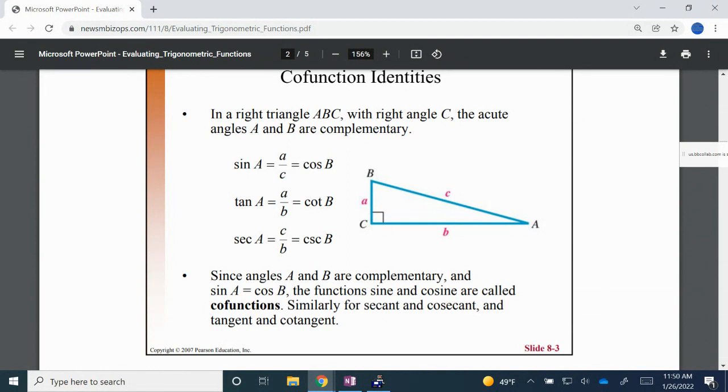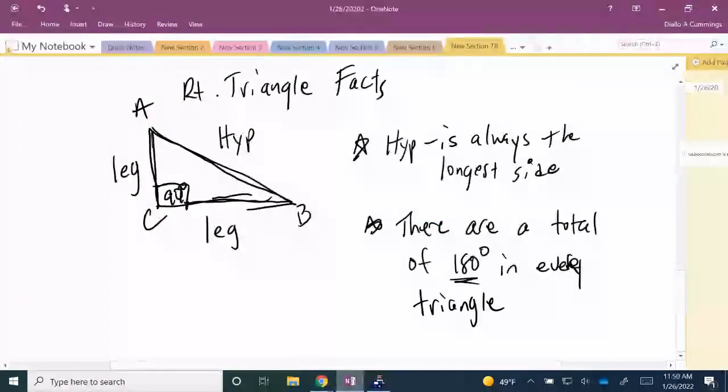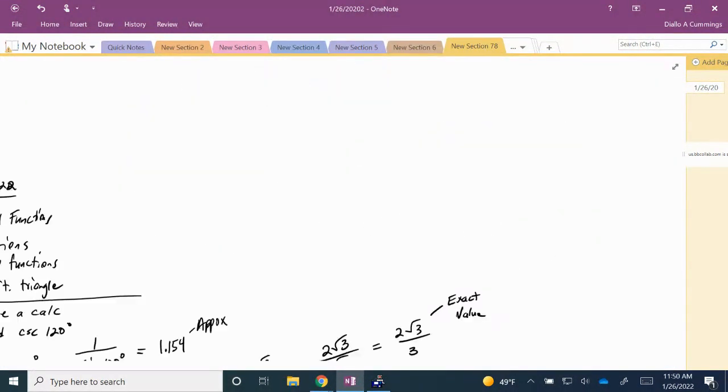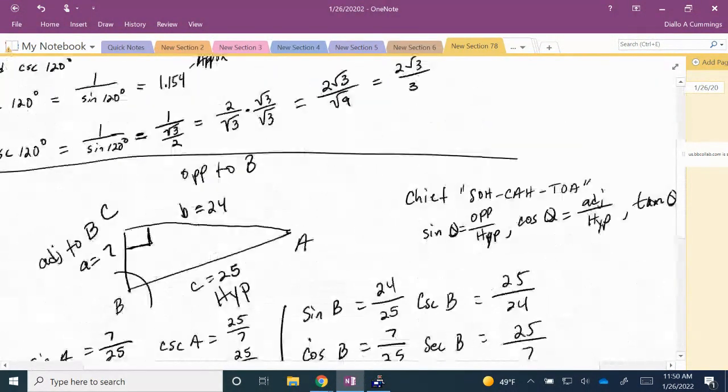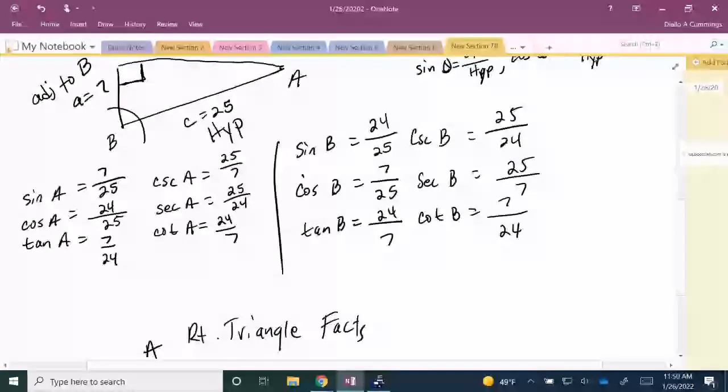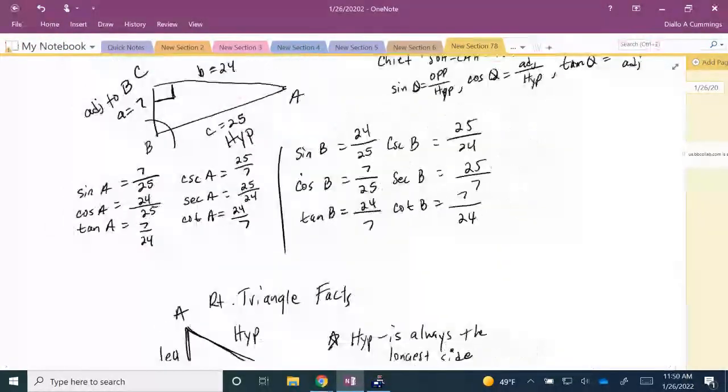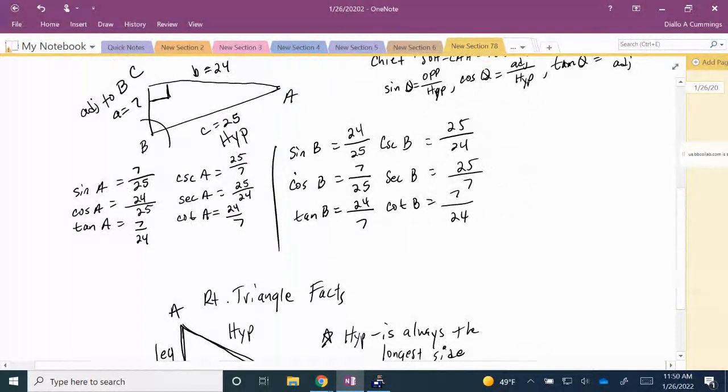So based on the triangle we were just working with, we're going to test out these cofunctions. I'm going to shrink that slightly.